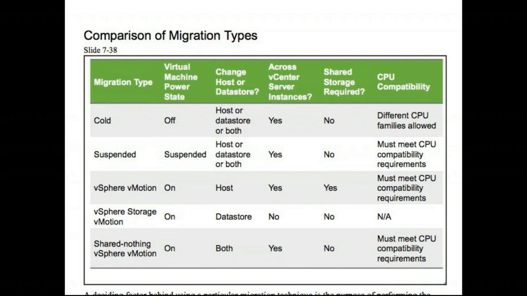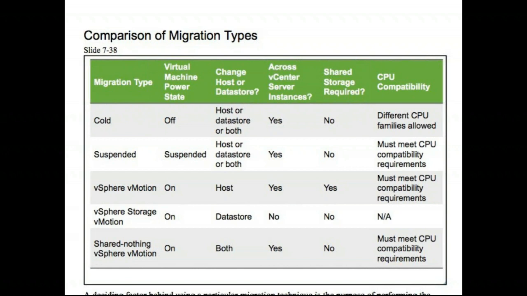All right. So the migration type is cold, which means the virtual machine will be in the powered off state. What can you change? Means from where to where you can move the VM. You can move it from one host to another, or data store, or both. You can move the VM from one host to another, as well as from one data store to another. Can it be done across the vCenter server instance? Yes.